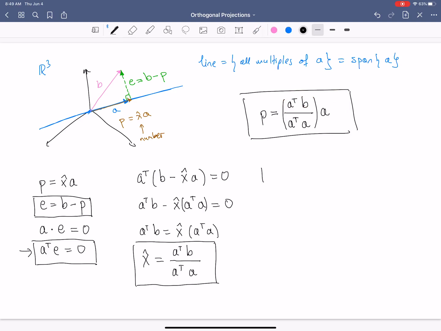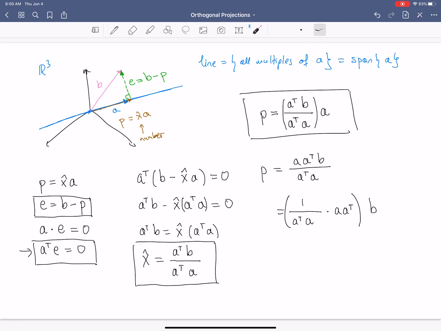So if I write P equal to A transpose B over A transpose A, I see my B isolated on the right-hand side. And in fact, perhaps the most elegant way of writing this is 1 over A transpose A times A transpose, all of that applied onto B. Now, why did I write it like this?